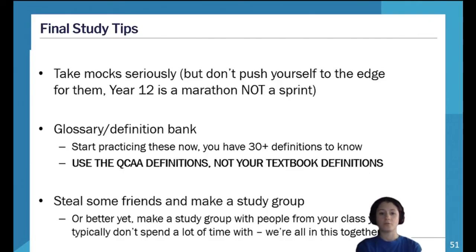Another helpful thing to do is to steal some friends and make a study group, so you can explain the concepts to other people or have other people explain the concepts you're having trouble with to you. It really is helpful either way. If somebody's explaining something to you that you didn't know, you learned something. If you're explaining something to somebody that they didn't know, you're also practicing your explanations, deepening your understanding of the concepts and strengthening it.